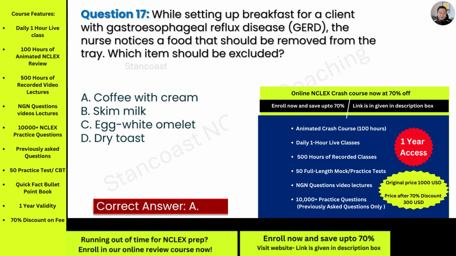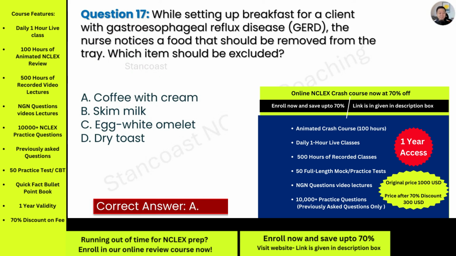The answer here is letter A, because food items like coffee, alcohol, fatty meals, and chocolate can lower the pressure of the lower esophageal sphincter. It will exacerbate the GERD symptoms. And coffee with cream contains fat, which worsens the reflux.